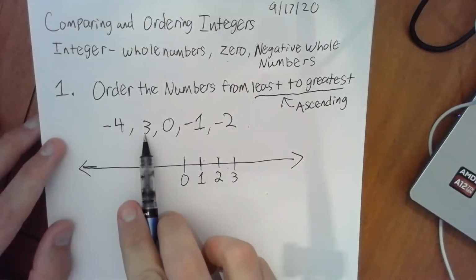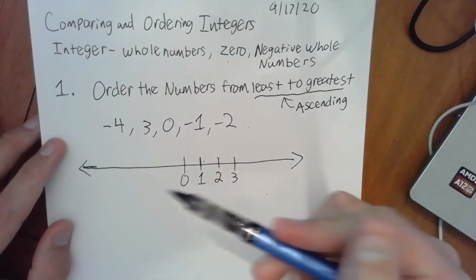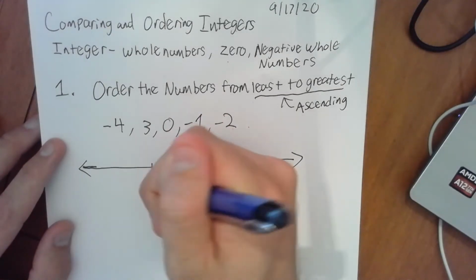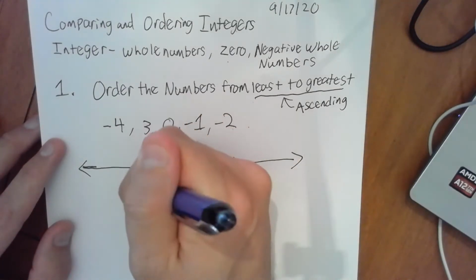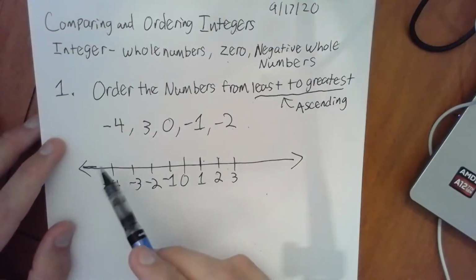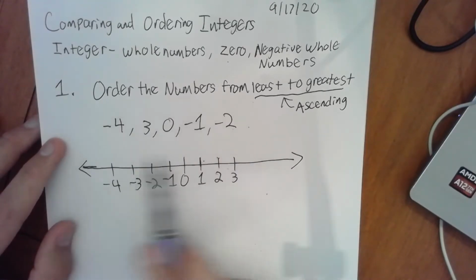Technically, I don't have to go any further because 3 is right there. So I can start going in the left direction. -1, -2, -3, -4. And I don't really have to go any further. I could keep going, -5, -6, and I could keep going on this side, 4, 5, 6, whatever. I just need to make sure it encompasses all these numbers here.